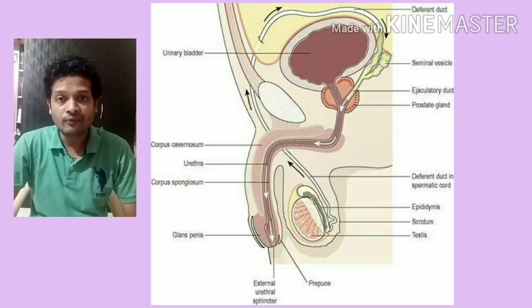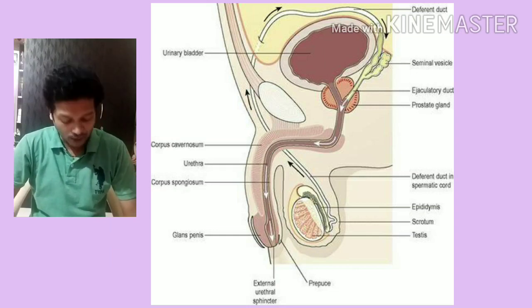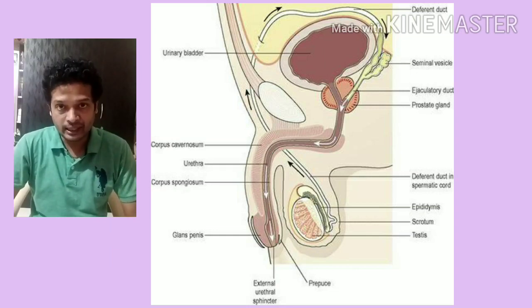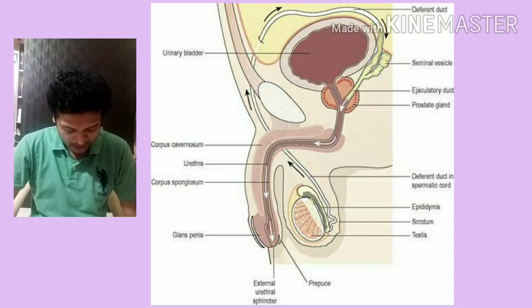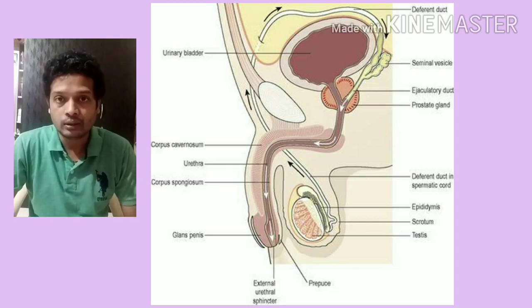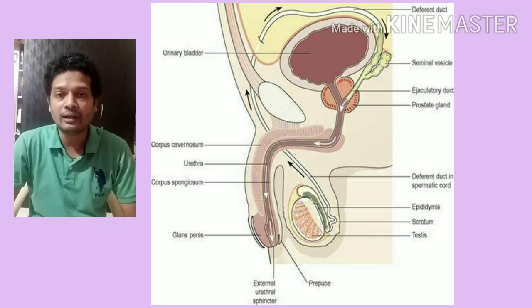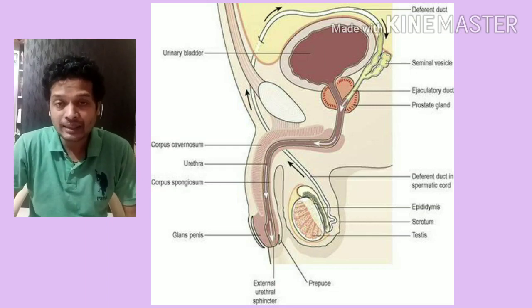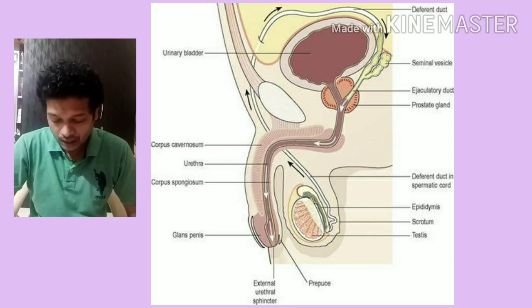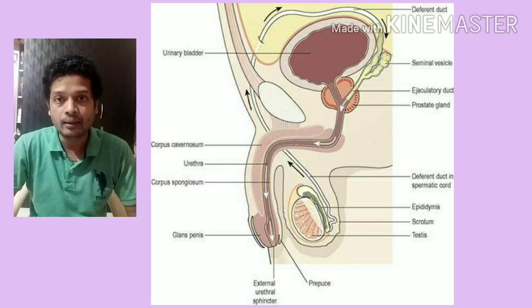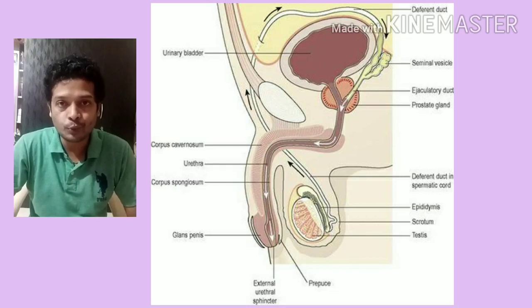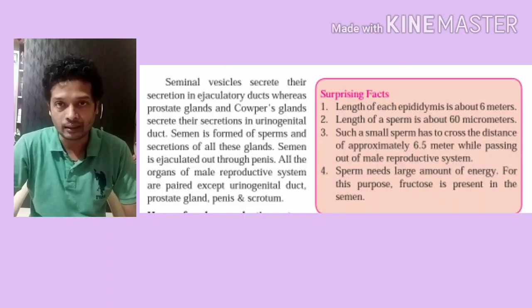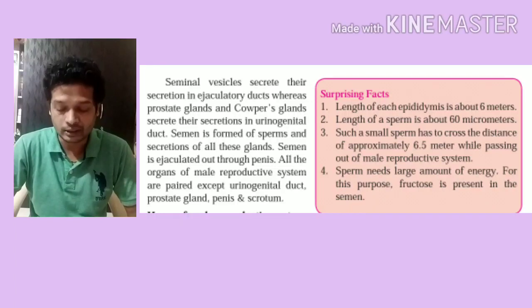While the sperms travel from testes to rete testis, to epididymis and vas deferens, they become mature. The seminal vesicle provides energy for the sperm to travel into the female reproductive tract. At the same time, secretions from Cowper's gland as well as the prostate gland give fluidity as well as flexibility for the sperms to move through the male urinogenital tract. So this was all about the male reproductive system.